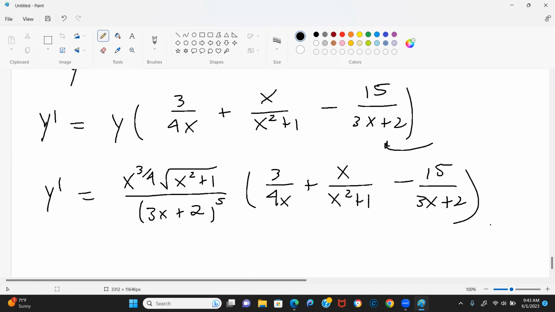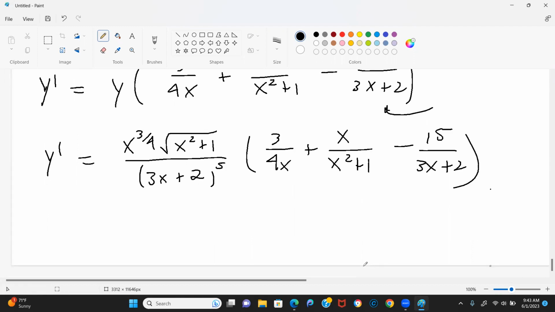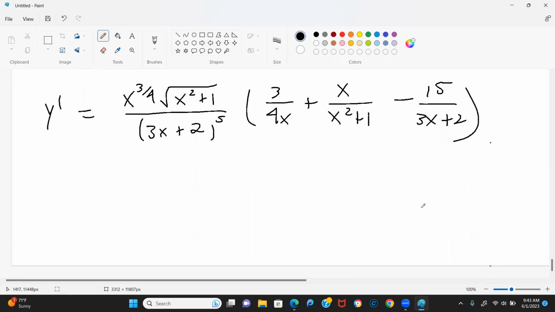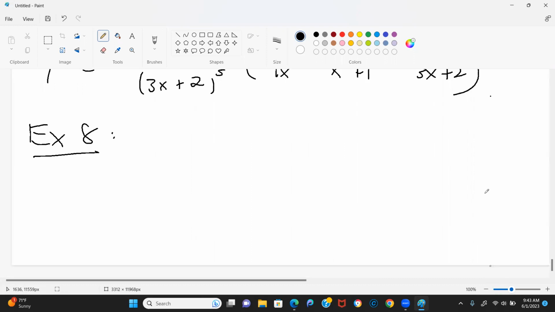All right, so let's look at another example where actually you can't avoid this process of logarithmic differentiation. I don't think there's a way of doing this without using logarithmic differentiation.